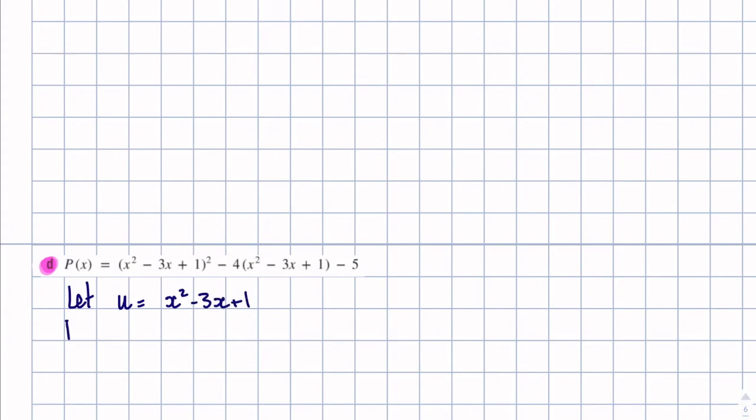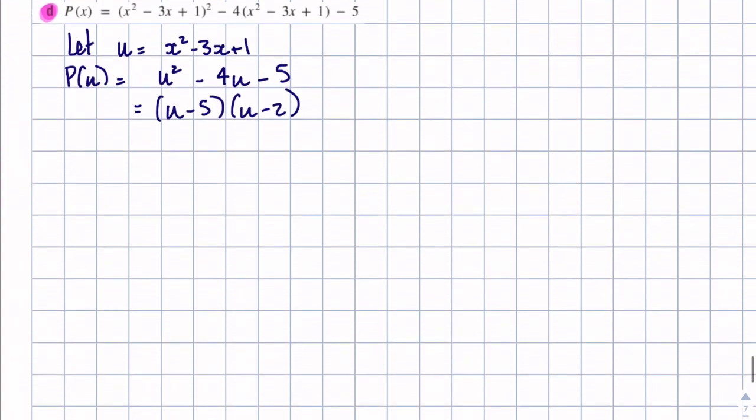Then I've got p of u equals u squared take 4u take 5. And I can factorise that. What multiplies to give negative 5 that adds to give negative 4? U take 5, u take 2.